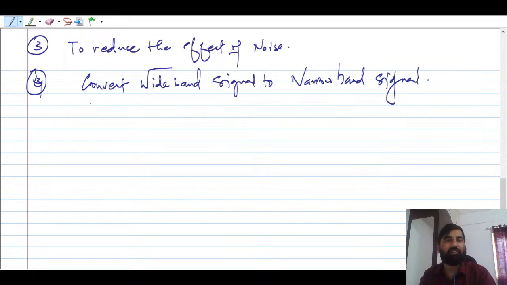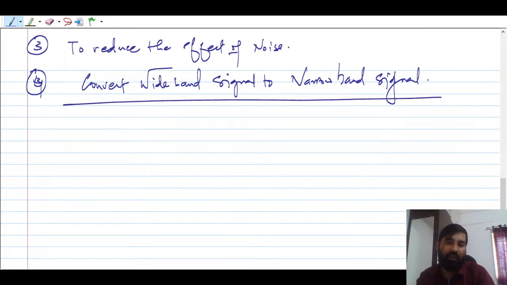What is the meaning of wideband and narrowband? If the signal is wideband, you can convert it into narrowband. You can band limit the signal. This is very important to understand. So convert a wideband signal to narrowband. These are some requirements that you have to understand. I'm not talking about noise at this moment, because if I talk about noise, you might get confused.